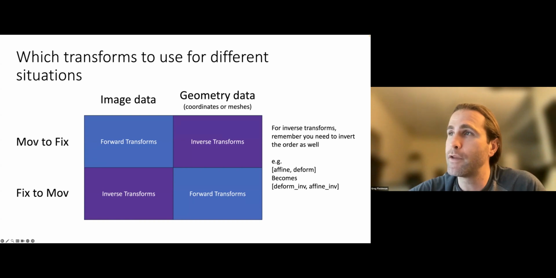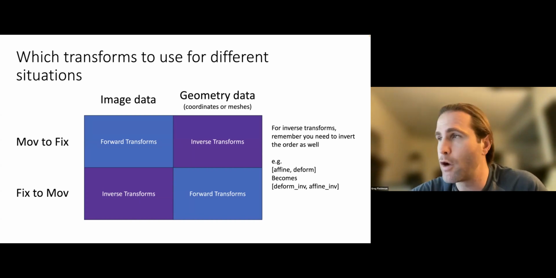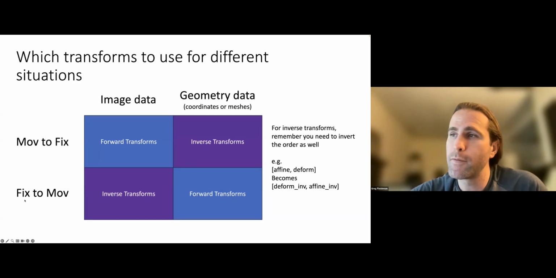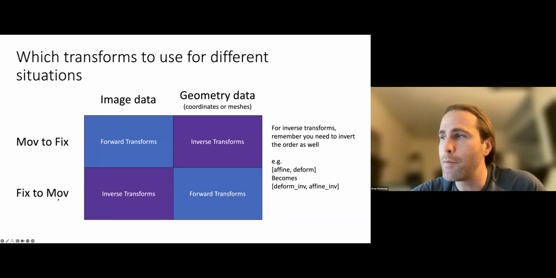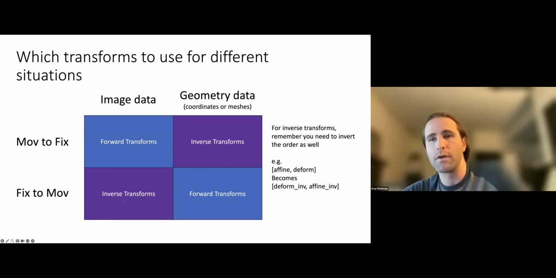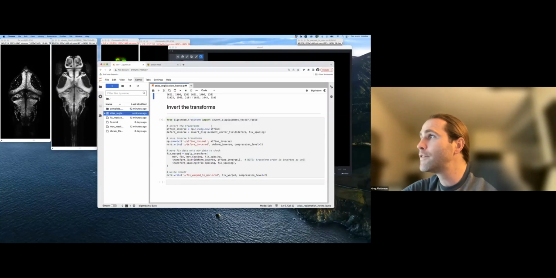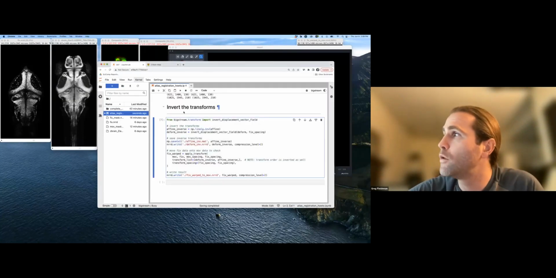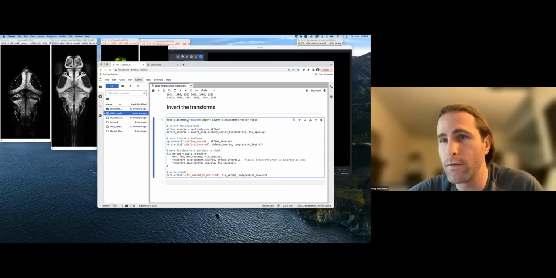So if you're taking something from moving to fixed, you use the transforms that the registration algorithm just gave you. And that's all I've shown you examples of so far in the Jupyter Notebook. If you want to move something from the fixed image to the moving image, you're going the other direction. So you want to invert those transforms, and those are the objects that you're going to use to transform your data. So the last cell in this notebook is me showing you how to invert transforms, at least using BigStream. So BigStream has a function called invert displacement vector field.